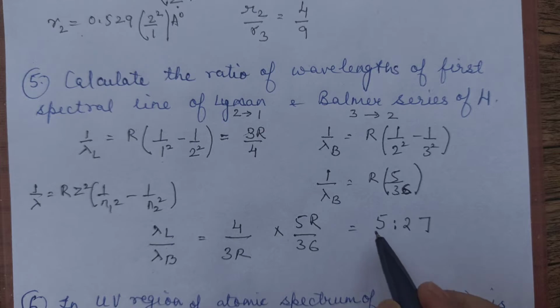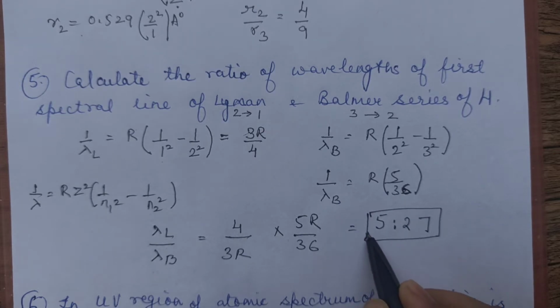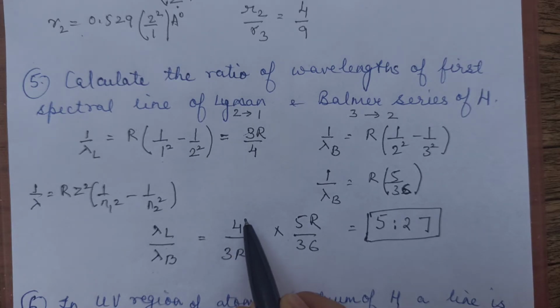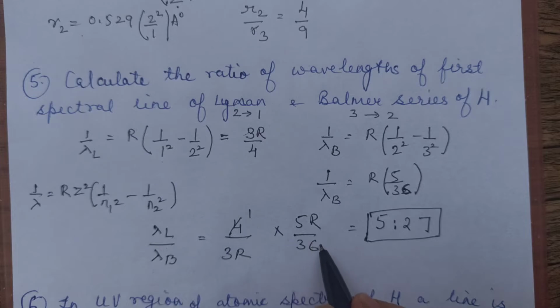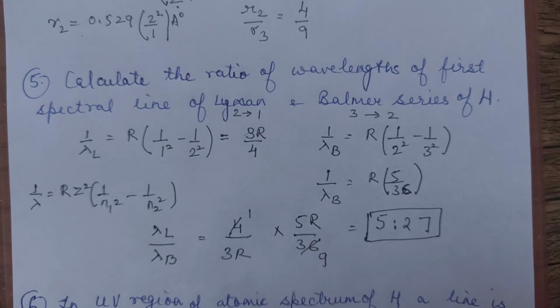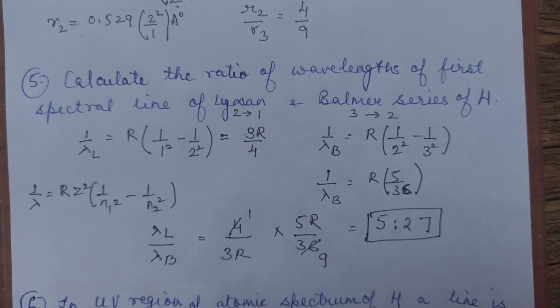Is this clear? You can take the screenshot of this question and see whether the solution is clear. If you solve this, children, you will be getting this. I'll cancel out, this is 1 and this will be 9. So I'm getting 5 by 27. Clear till here?